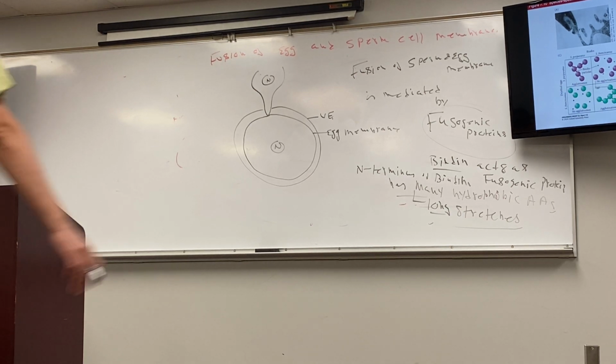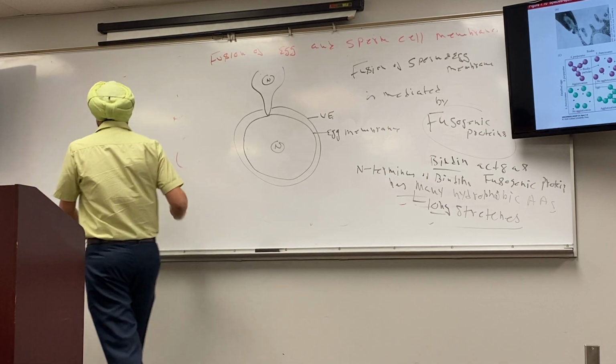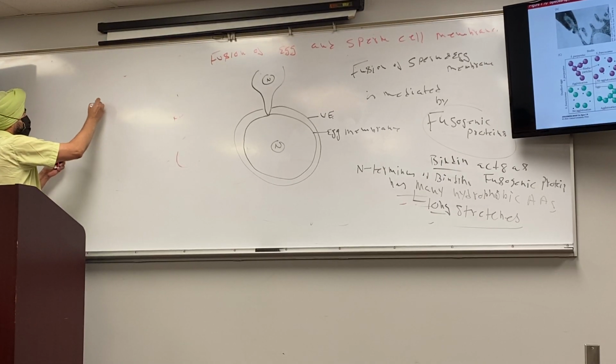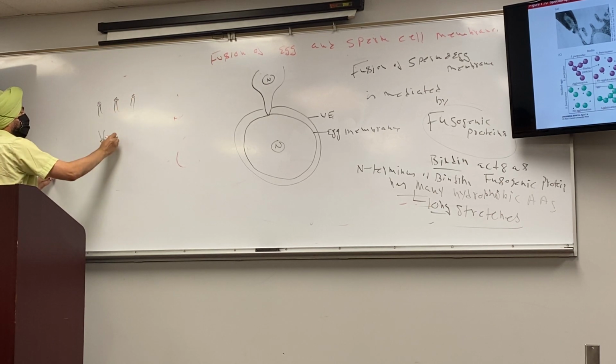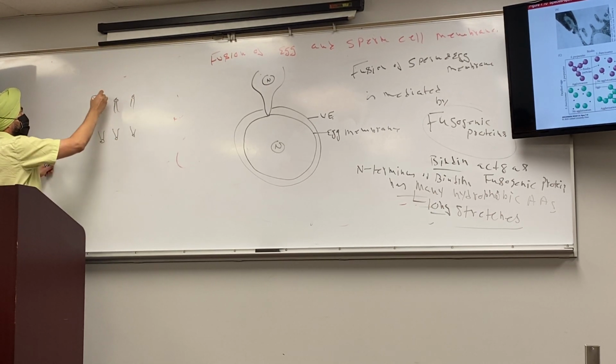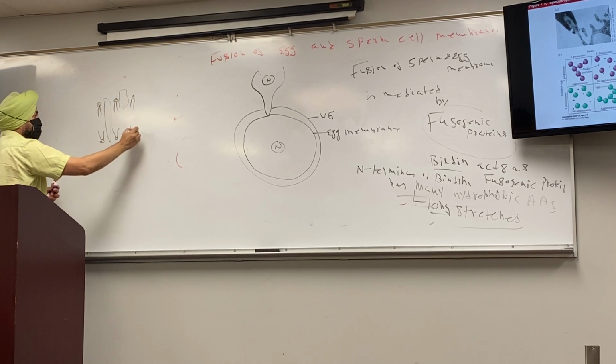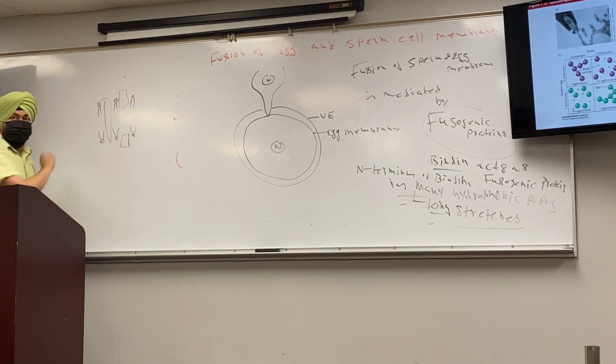Okay, let's think about this. Proteins can be like this, like this, and like this. So we don't think it'll interact with the ones that are mostly just on the outside.